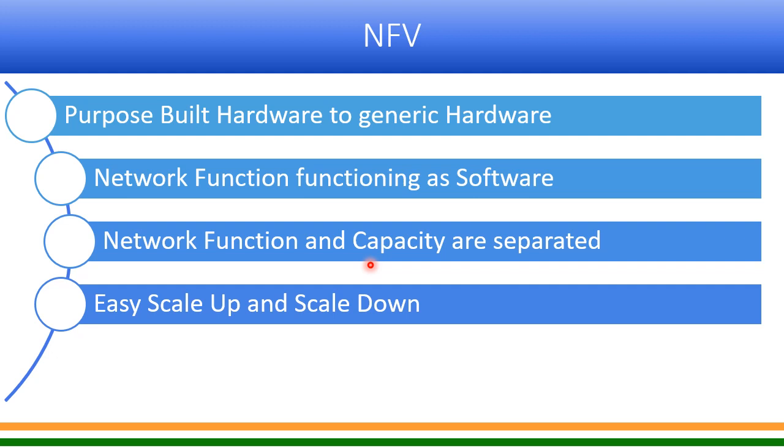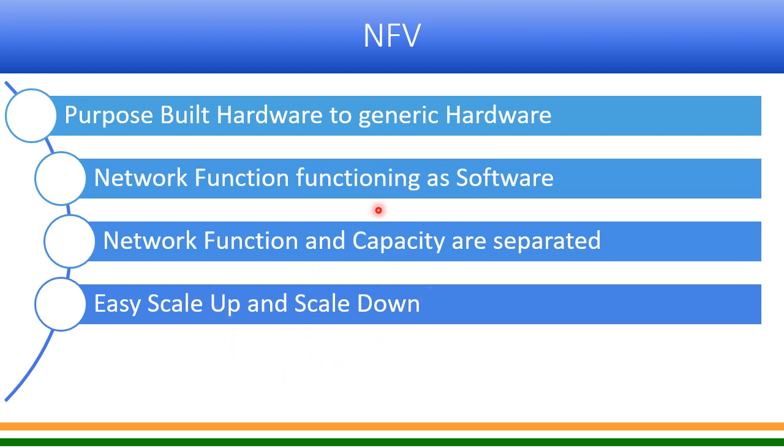And then once you have done that, it is very easy to scale up or scale down. For example, if you have a virtualized environment wherein the physical hardware has been virtualized, and on that virtualized hardware your network function is working as software, then in case there is a capacity enhancement requirement, all you need to do is add more hardware to the overall schema and allocate more resources to the particular network function or the virtual machine on which that network function is operating, and then scale up becomes easy.